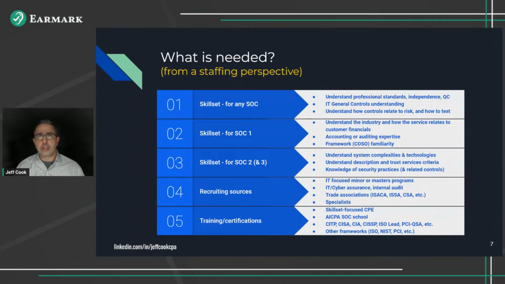But then also looking at trade associations. There are other associations besides the AICPA that are very involved in IT audits, such as ISACA, ISSA, or other state CPA societies might have specific IT audit things in their repertoire. So firms may also, though, decide to engage a specialist in SOC services.